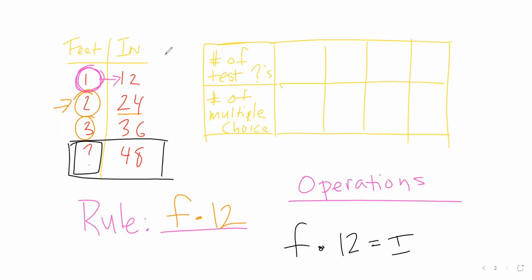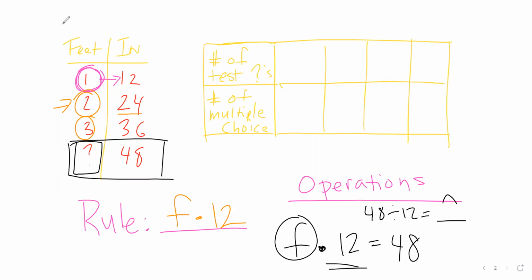I actually don't know F, so I'm not substituting F. I'm going to keep the rule the same, times 12, and I do know I. It is actually 48, so I'm going to substitute and put in 48. So something times 12 equals 48. If I don't know that, I can use the inverse and say 48 divided by 12 equals F. And in this case, that would be 4.